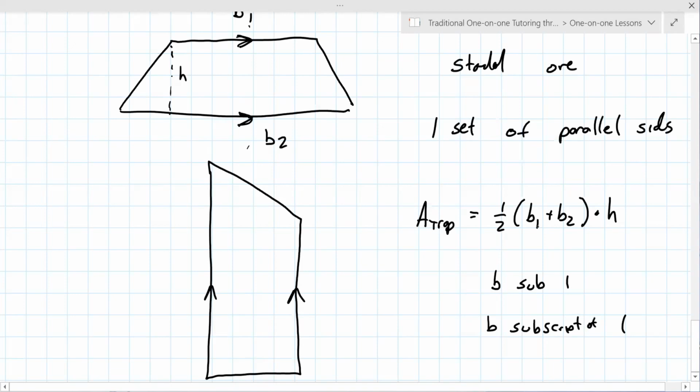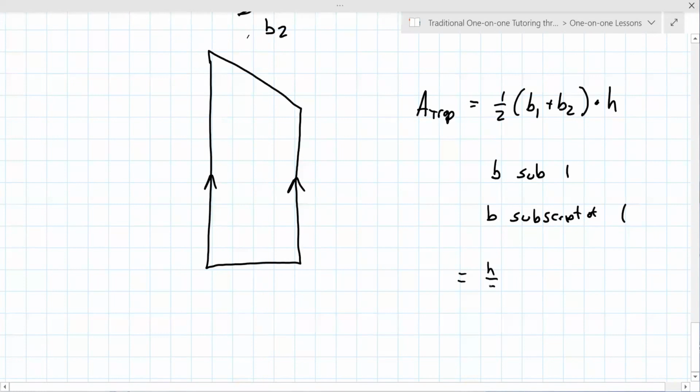It's just referring to one side or the other. Because you're adding, they could go in either order. You don't have to worry about that. And there are variations on this formula, like sometimes it's written h divided by 2, times b1 plus b2. Totally whatever you want.